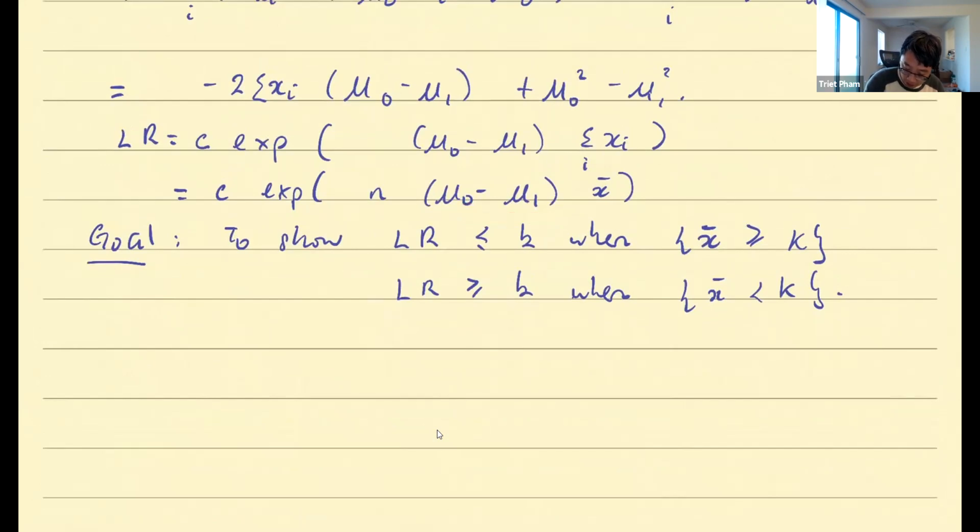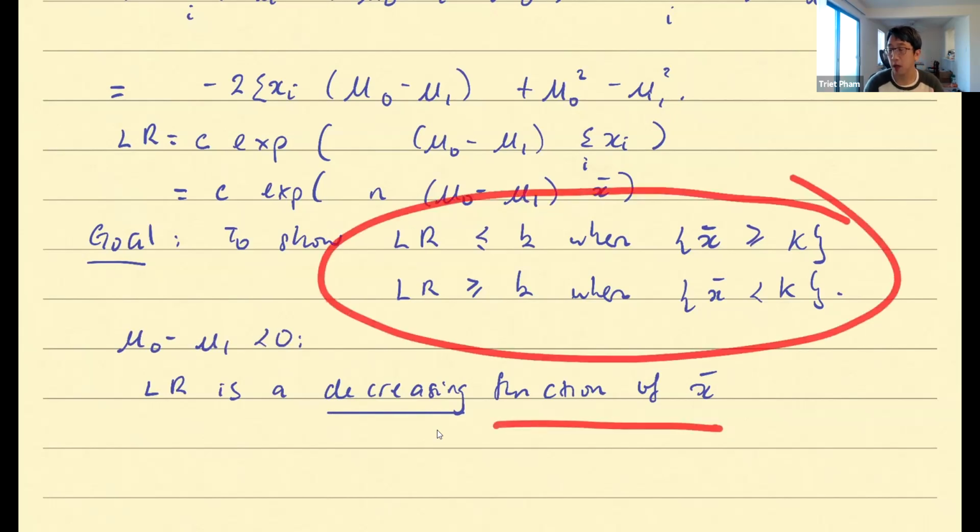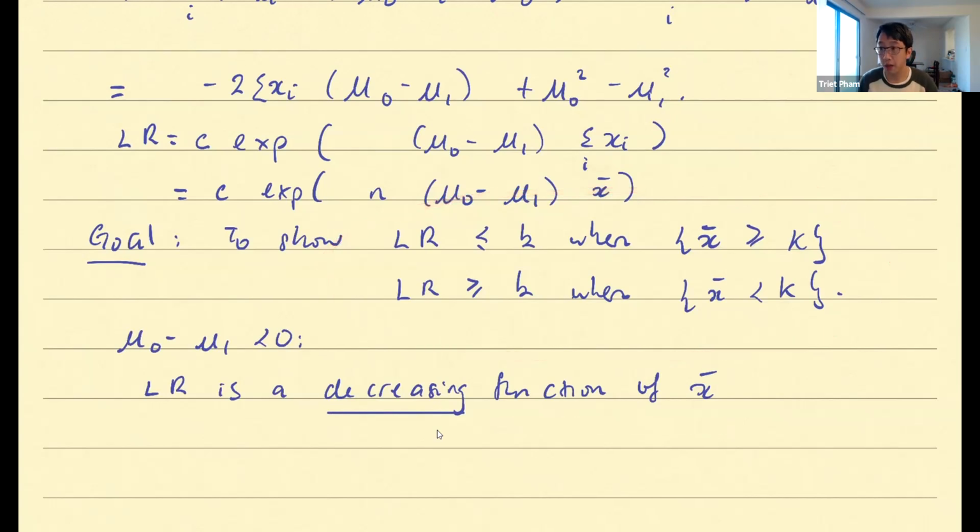Therefore, my likelihood ratio is a decreasing function of x bar. That's the point, because mu naught minus mu 1 is negative. And because it's a decreasing function of x bar, that's what happens. That's what a decreasing function does.